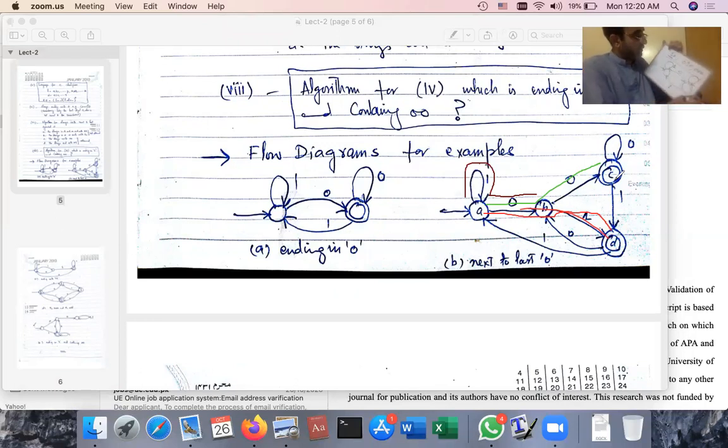So if there is a string 1 1, then okay, 1 and then 1, you are here at this state and you are not reaching this one, so this is again perfect.